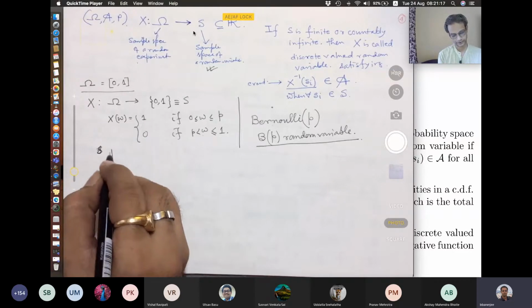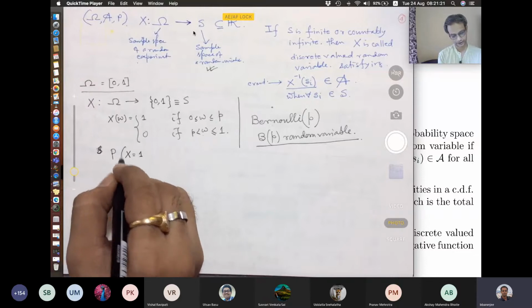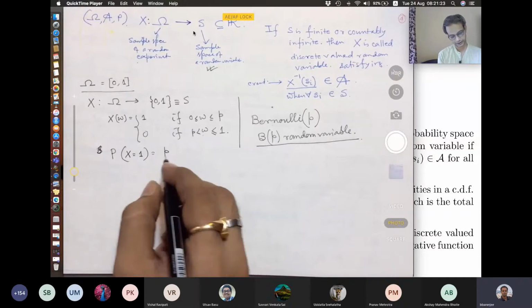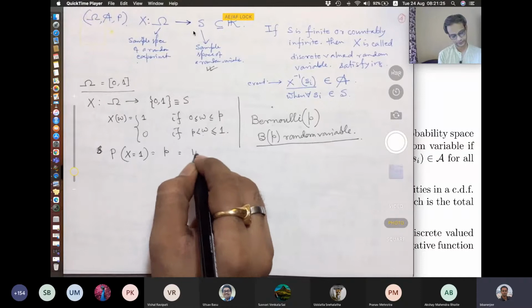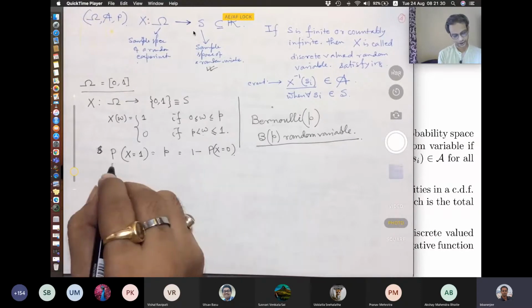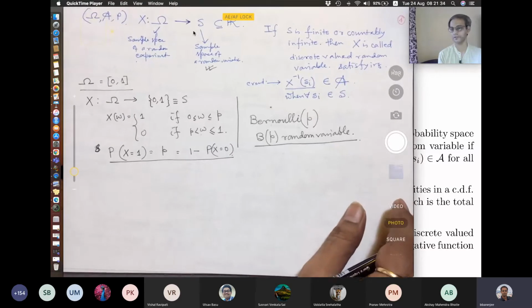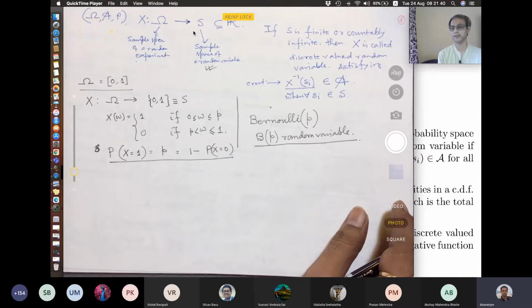So probability x equals 1 is p, which equals 1 minus probability x equals 0. And you can use this, for example, for a switch that is randomly on or off, a machine that is functioning or not functioning, a living being over time that is either dead or alive.